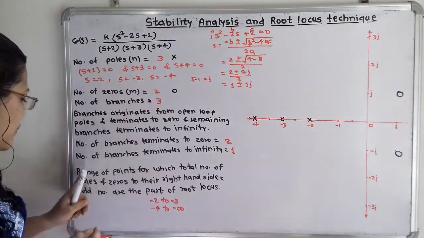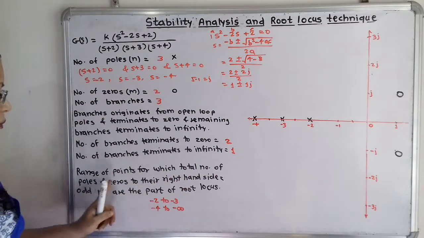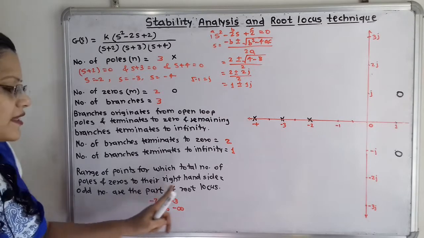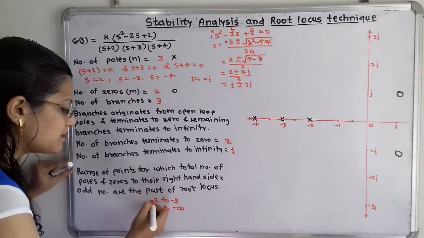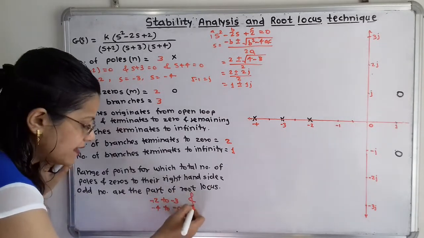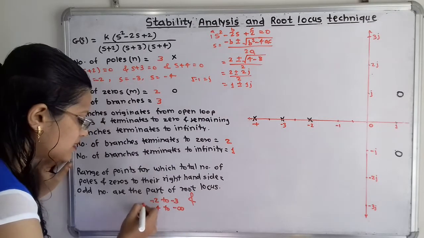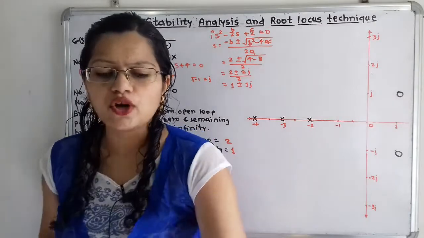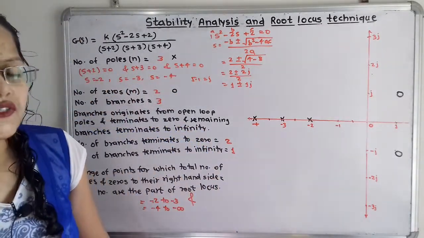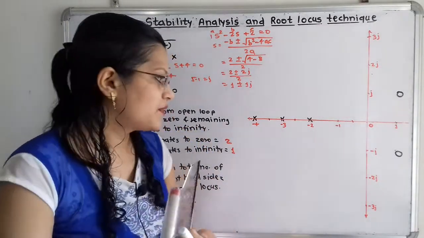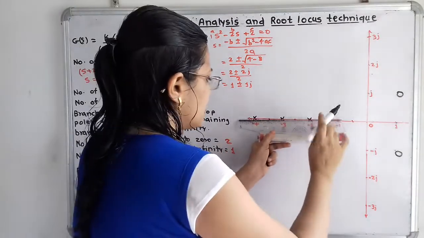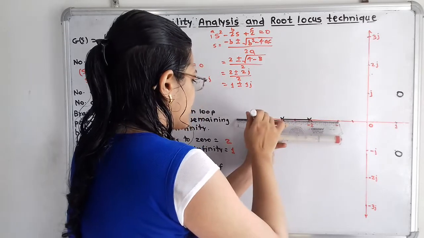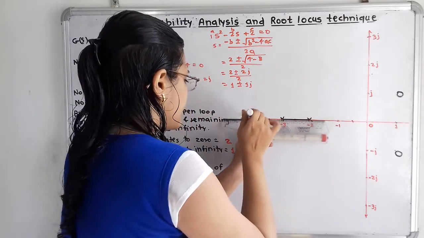The range of points for which the total number of poles and zeros to their right hand side is an odd number are part of the root locus. So the range is in between minus 2 and minus 3, and minus 4 to minus infinity. Now I will show this range of points which is part of the root locus with the help of a black marker. So minus 2 to minus 3, and after that minus 4 to infinity.